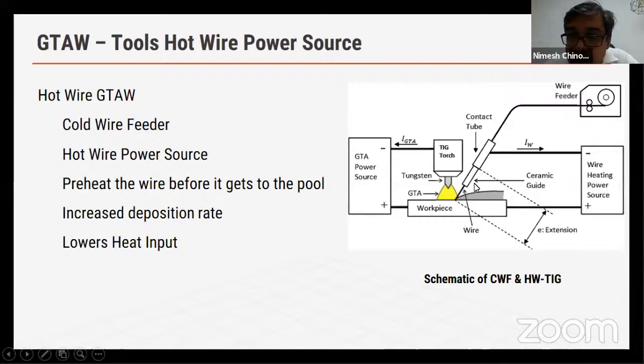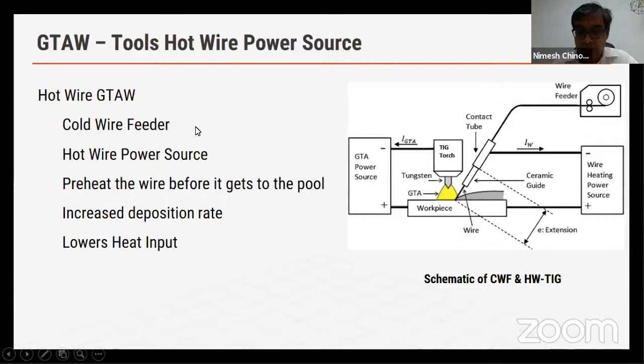So the length of the wire that exits the tip to the pool is the resistance or the extension that is created. The current of the hot wire passes through that and preheats the wire before it goes into the pool. This helps melt the wire faster, and in short, helps you to do this process faster. It can have an increased deposition rate and reduces or lowers the heat input.